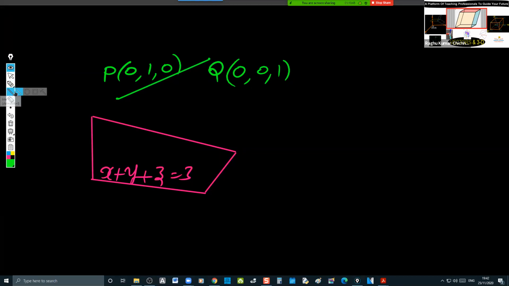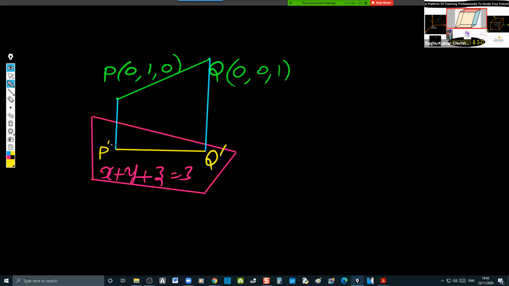Orthogonal projection means you have to drop the perpendiculars from P and Q onto this plane. This is one perpendicular. This is another perpendicular. What we need is this yellow line. So this is, let me say, P dash, Q dash.